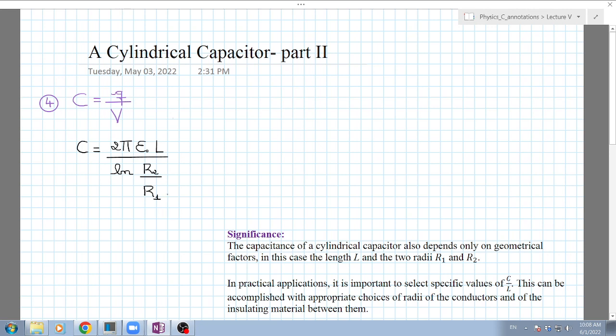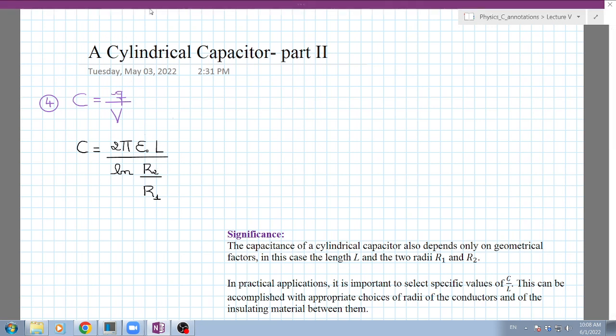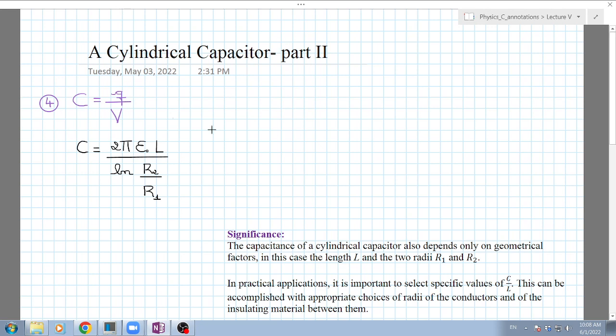And what is the significance of this result? Well, first of all, as you can see, the capacitance of this new capacitor also depends on the geometry. Explicitly, it depends on the length L and the ratio between the two radii, R1 and R2. This is very interesting. I'm sensing a kind of pattern here.